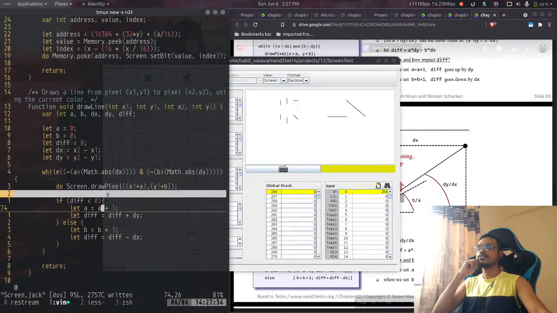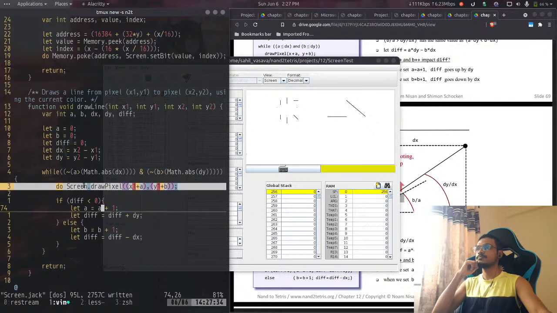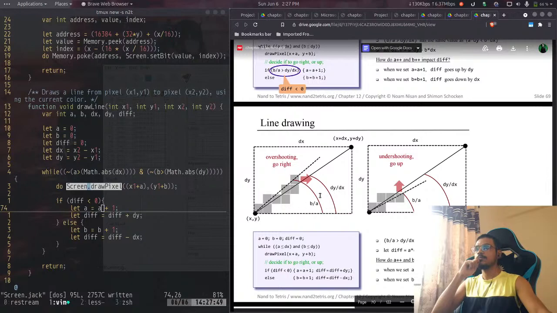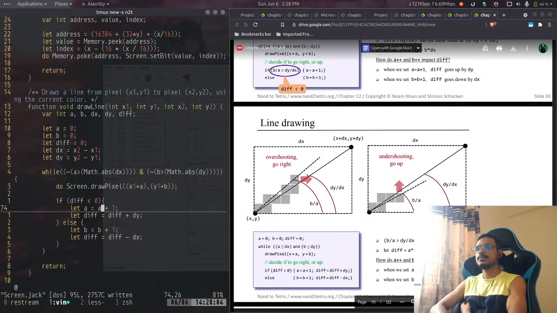So what should we do now? We have a and b, and we also have dx and dy. What's the difference between a and b and dx and dy?